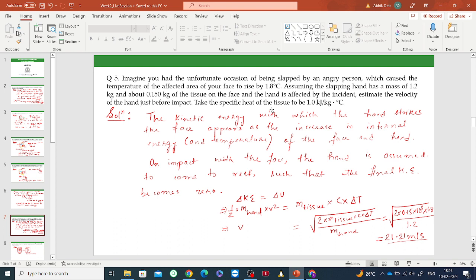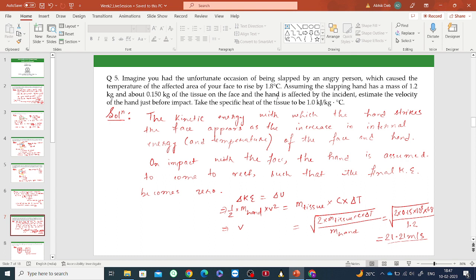So we can consider the palm of the hand and the face as a system. So the palm of the hand and the face just at the point of impact is taken as a system. That is why it is mentioned that 0.15 kg is the tissue, the combined mass of the face and the hand that is being affected.